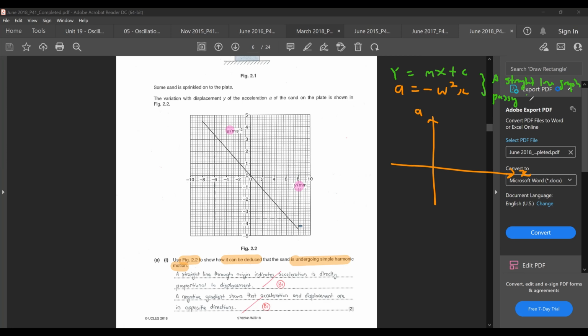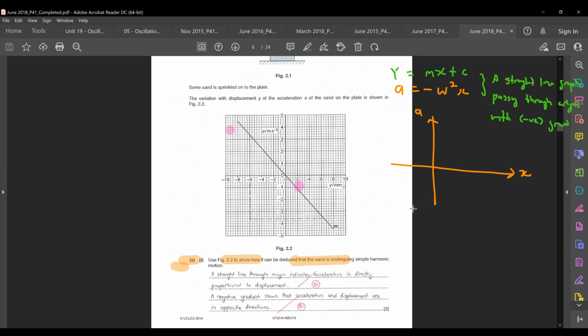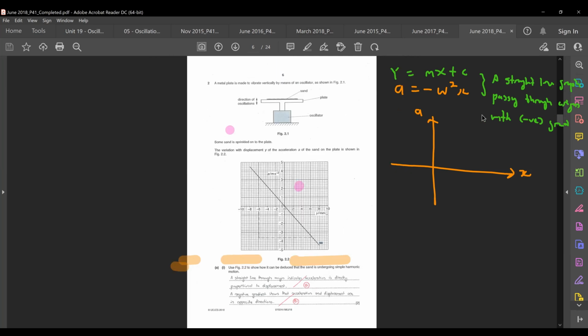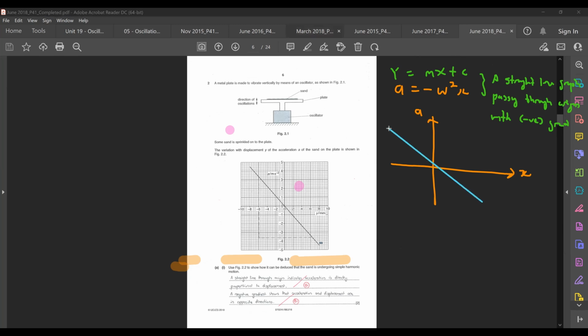passing through origin with negative gradient. So from the equation a equals negative omega square x compared to y equals mx plus c, if you were to plot out the acceleration versus displacement graph, it will look like this. So it will be simple harmonic motion based on two things.